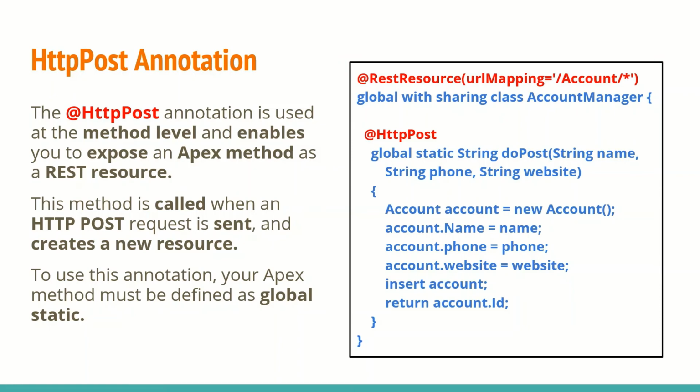In the same manner, with HTTP post we will pass some variables which we want to create, like name, phone, and website. Then we will assign them to the account name, phone, and website, and a new account ID will be created, and that will be posted or created in the system.